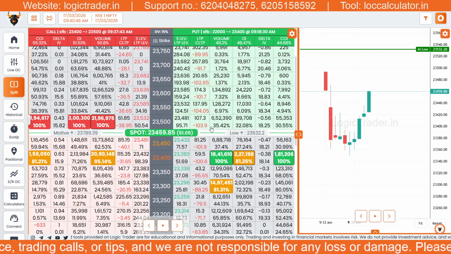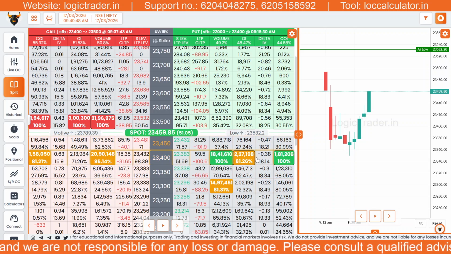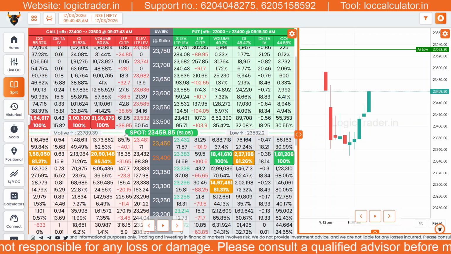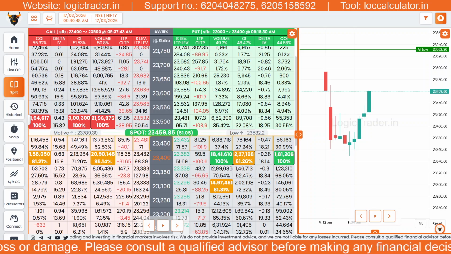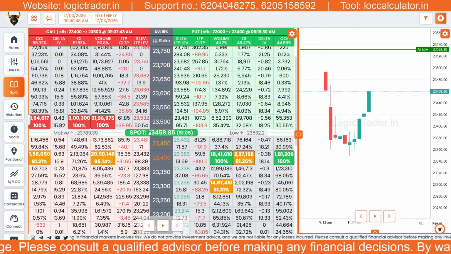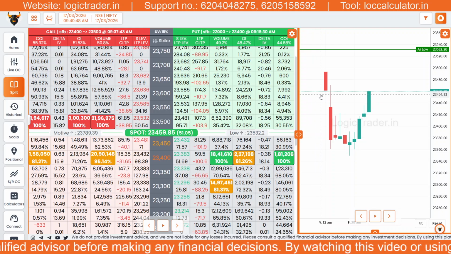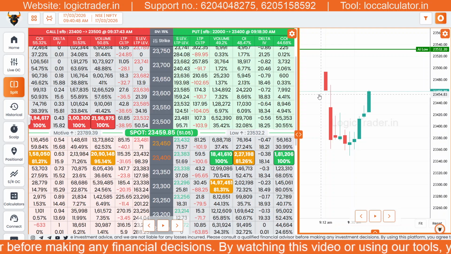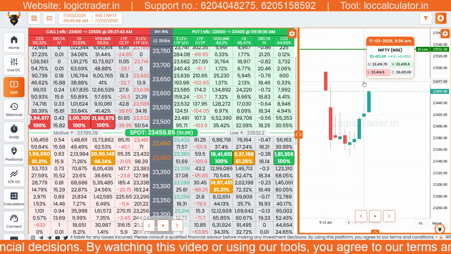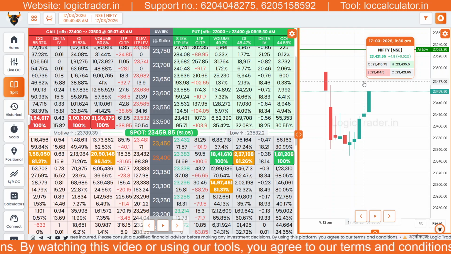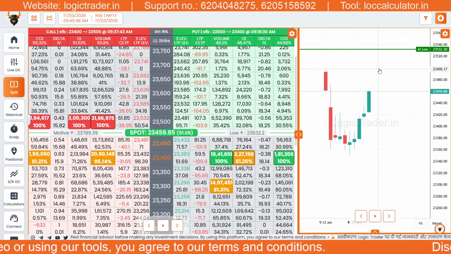Now let's move a little further and observe how the market reacts. What we are looking for is whether the Motive AI low and the market price align at the same level, whether the market gives a closing above that level, and whether the low starts moving upwards.